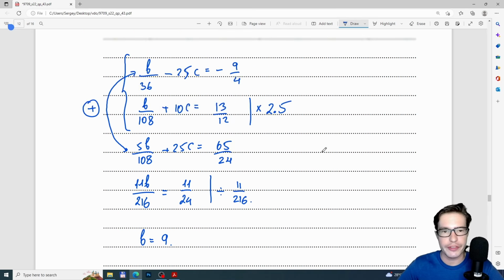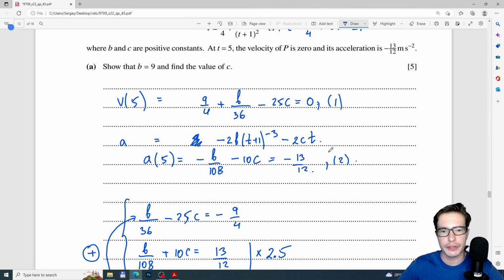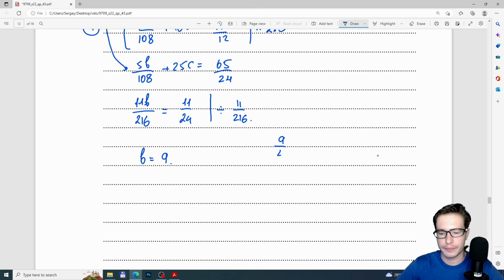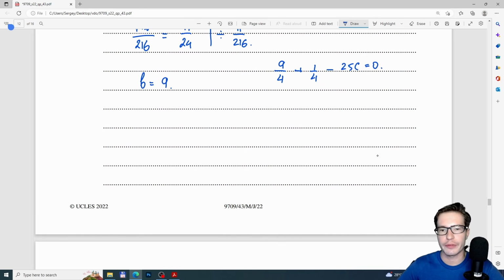Now we can substitute this into the very first equation, and we'll get 9 over 4 plus 1 over 4 minus 25c equals 0. And from here we can find c. So 10 over 4 minus 25c equals 0, and from here c is going to be equal to 0.1. So let's keep this as the answer.